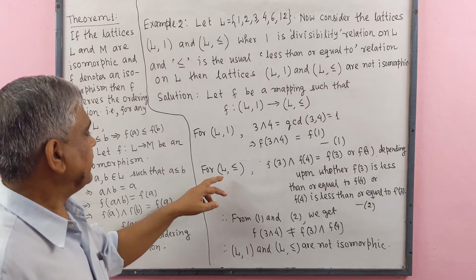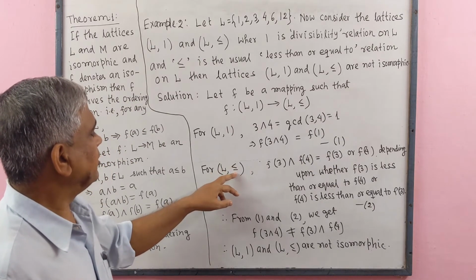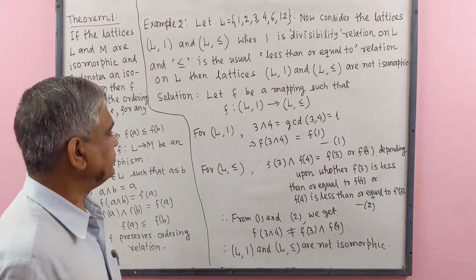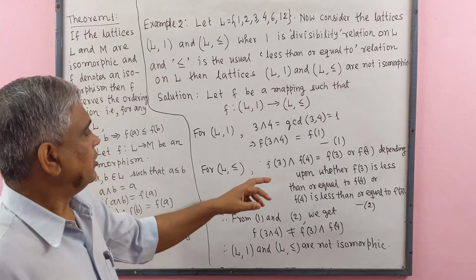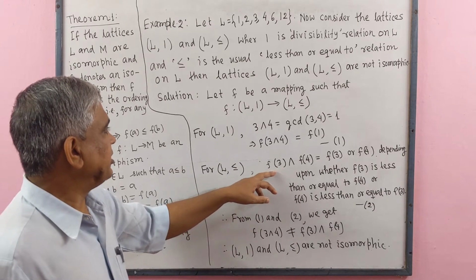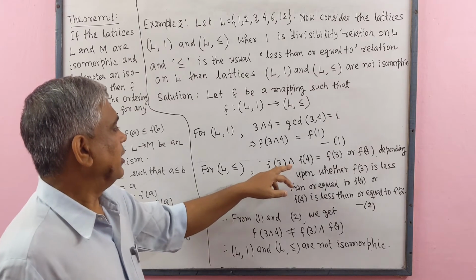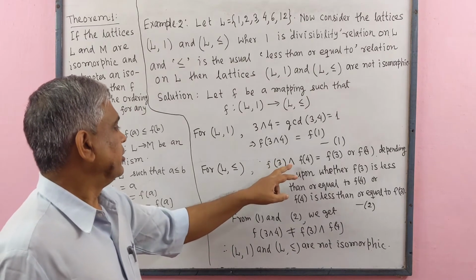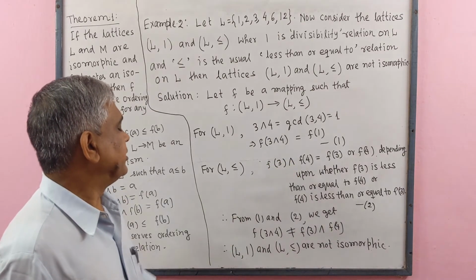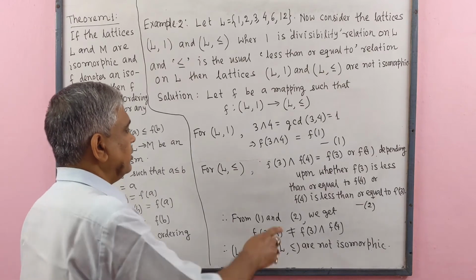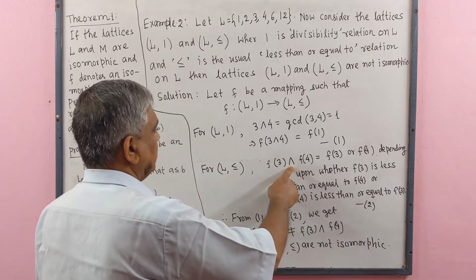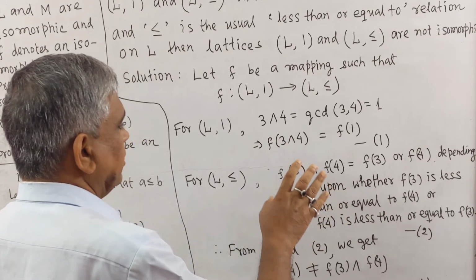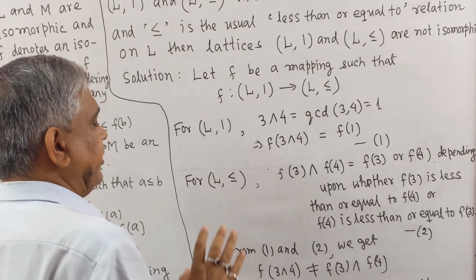Now we take another lattice L with the relation less than or equal to. Here f(3) and f(4), if we apply meet, this meet here denotes the least element.